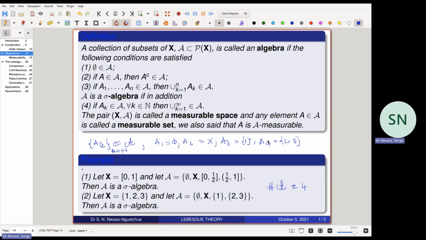And now, for any k greater than or equal to 5, we can set all these A_k to a fixed value. It can be any of these 4 elements, because they will have to repeat. We can decide that it's the empty set, or the set X itself, or the singleton one, or the pair 2, 3. So it can be any of them. To simplify, we can set all of these to be the empty set.